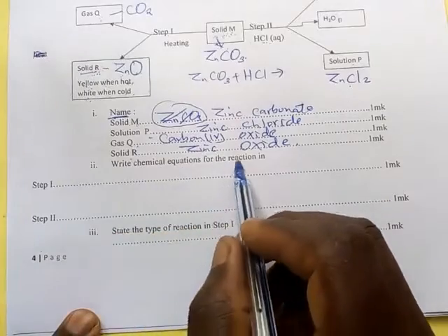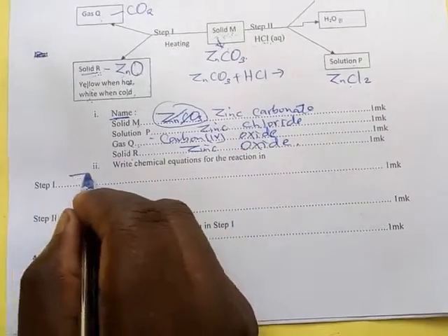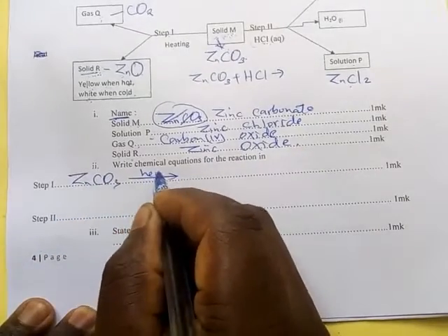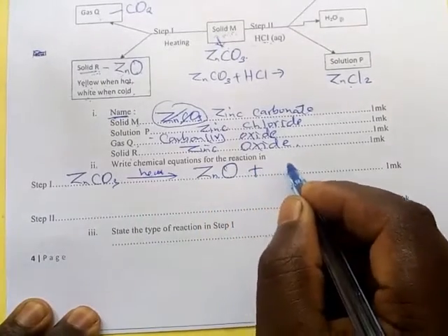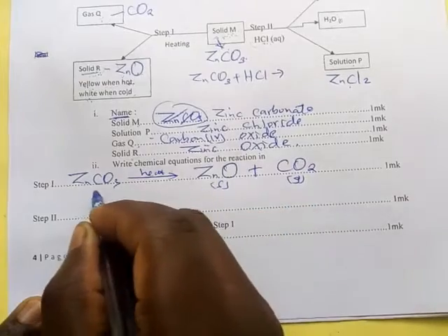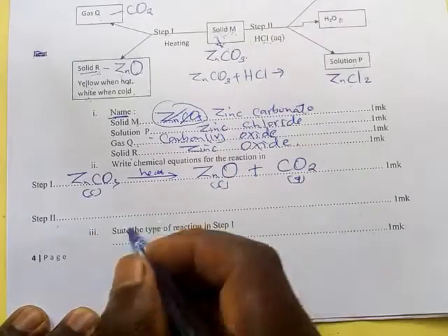Write the chemical equation for the reaction in step 1. Step 1 is heating, therefore zinc carbonate, you heat, you form zinc oxide plus CO2. Step 2 is a neutralization reaction.